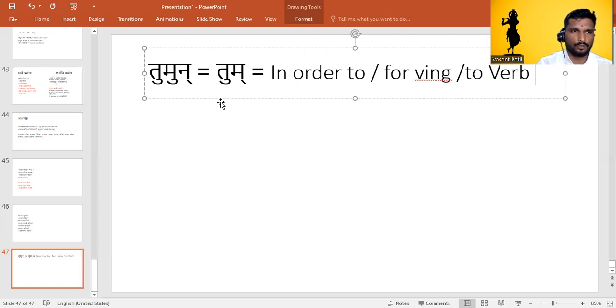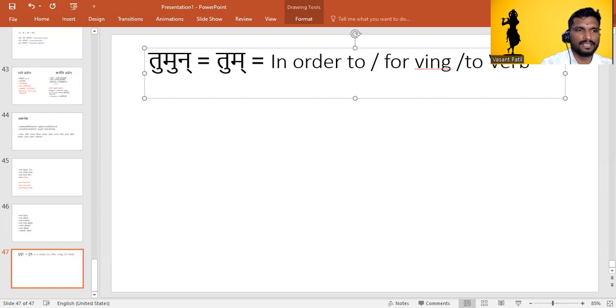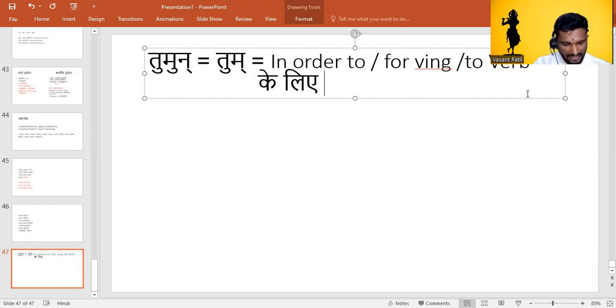Okay. So, tumunta. In Hindi, ke liye is the meaning. So, the sutra for this is kriyayam kriyarthayam.